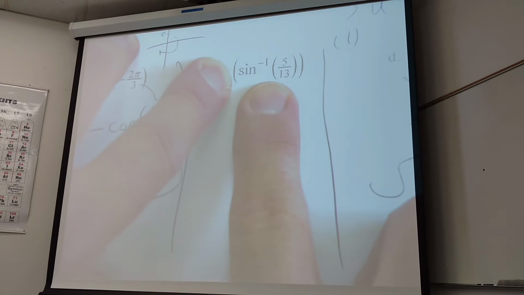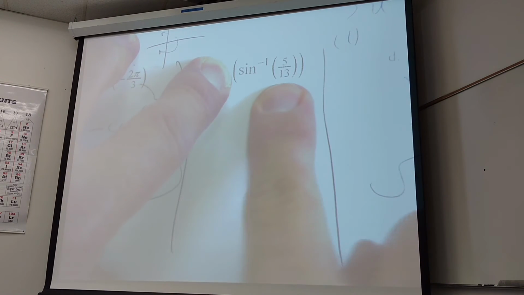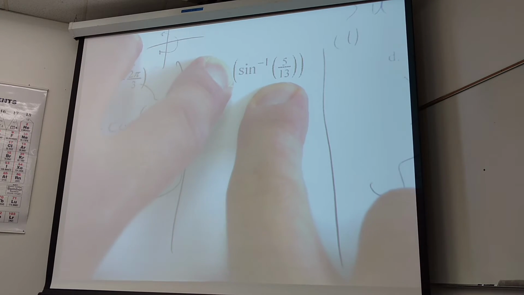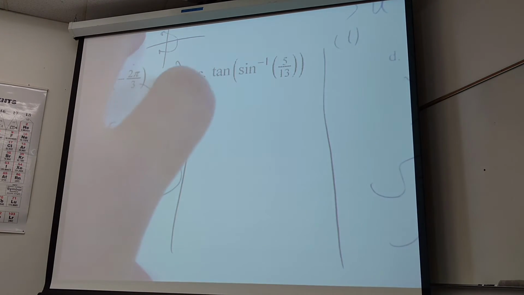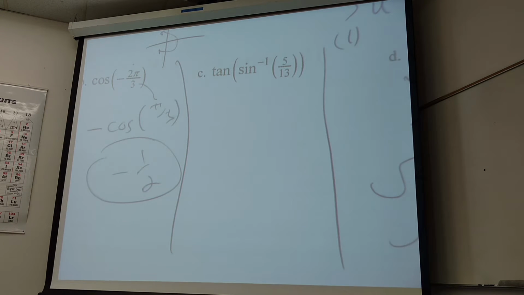You could draw a representative triangle that contains it, but what is this? It's an angle, right? Inverse sine is going to have as an output what sine normally has as an input. That's how inverse functions work. So the output for inverse sine has got to be an angle. It's the angle where the sine would have the value 5 over 13.